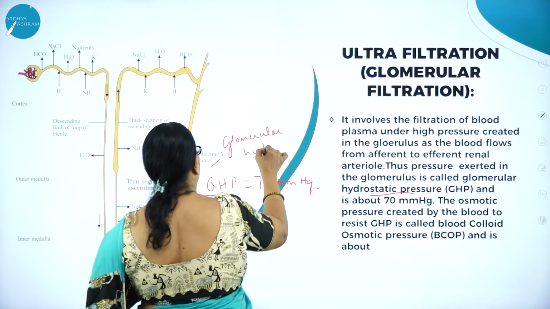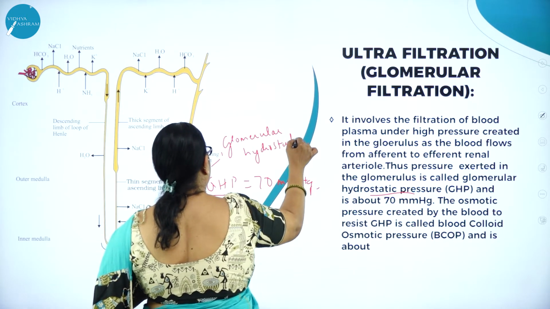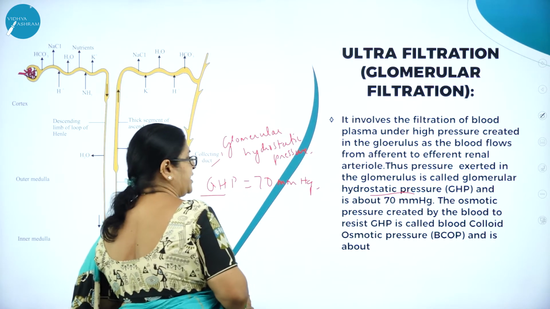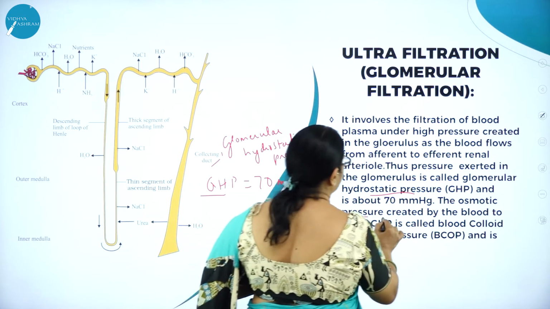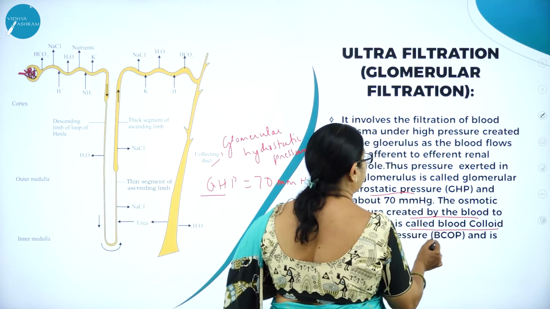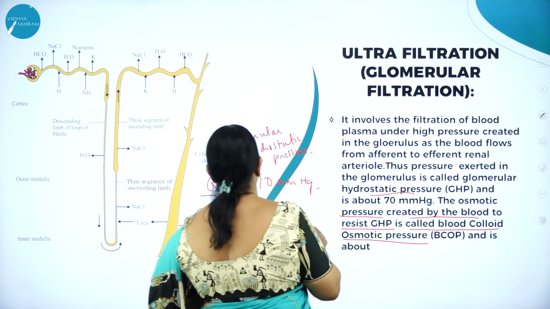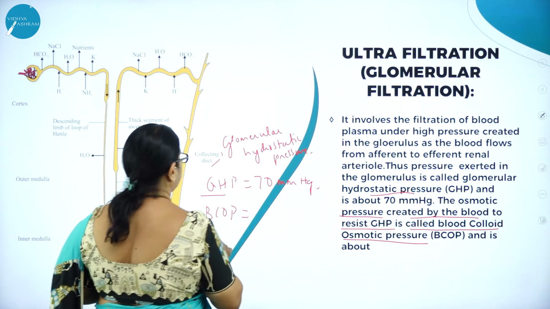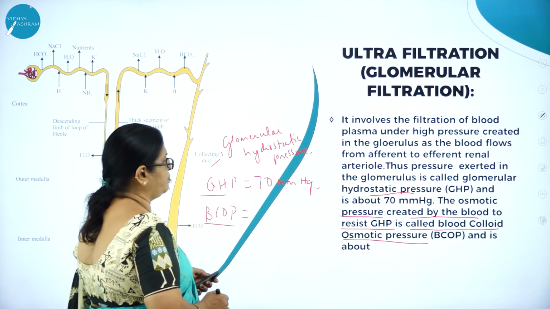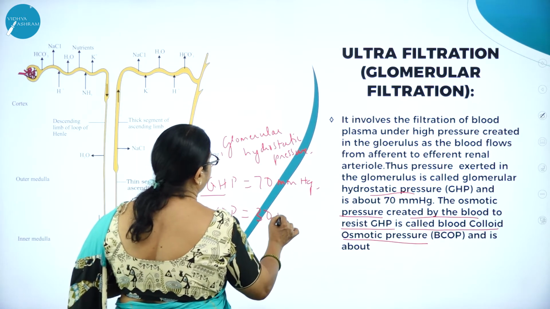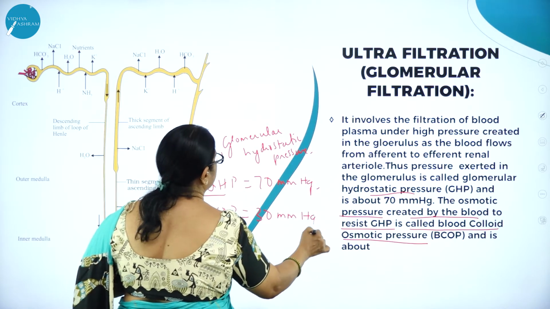The osmotic pressure created by the blood to resist GHP is called blood colloid osmotic pressure, otherwise called BCOP, which is around 30 mmHg.